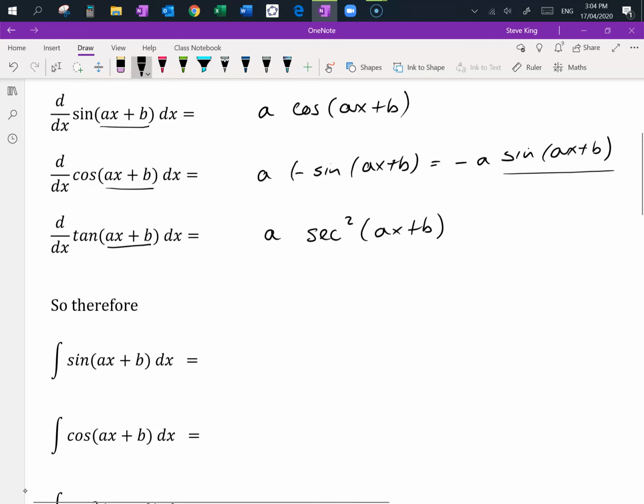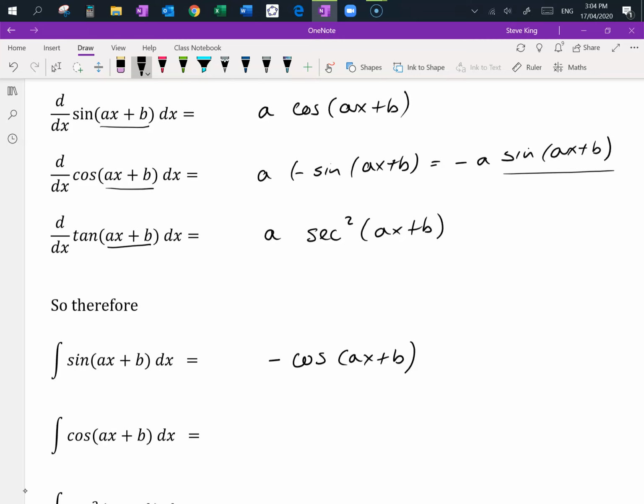I derived cos. So I'm expecting to see that I'm going to have cos of ax plus b. But if I derive cos, I'm going to get a minus sign. I don't have a minus sign over here, I have a positive sign. So this thing would have had to be negative to start off with.